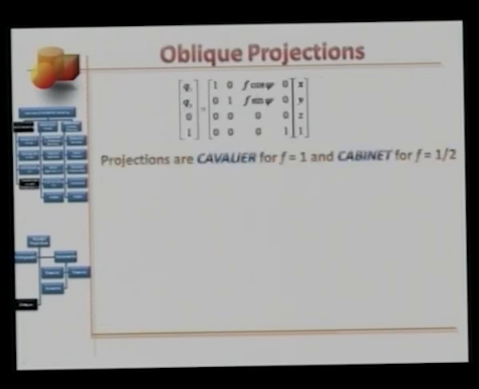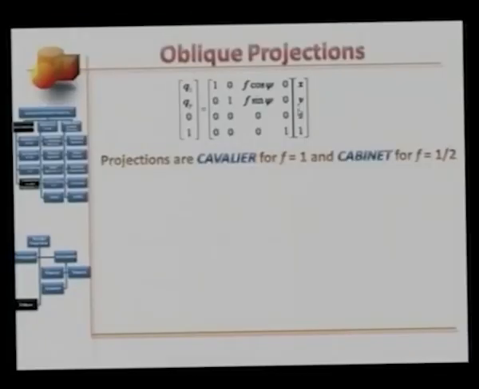The corresponding transformation matrix for an oblique projection will then be given by this 4 by 4 matrix here, with entries 1, 0, f times cosine psi, 0, 0, 1, f times sine psi, 0, all zeros in the third row, because z is 0 for the projection, and 3 entries as 0 in the fourth row, the last entry being 1.